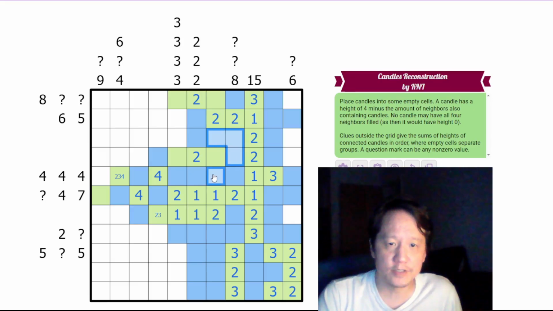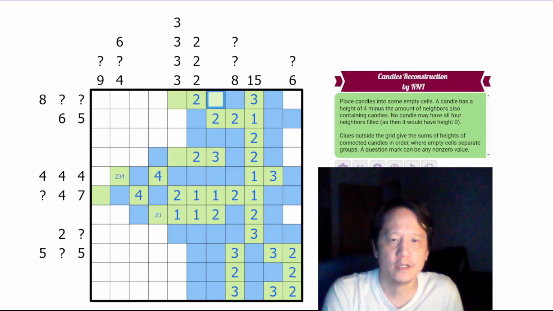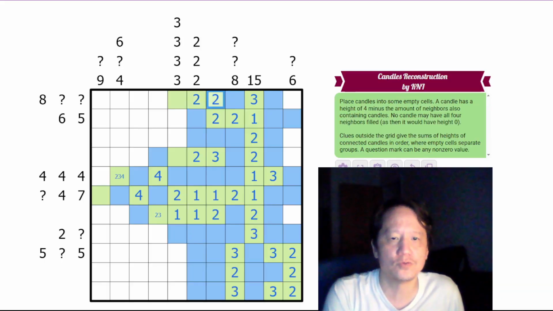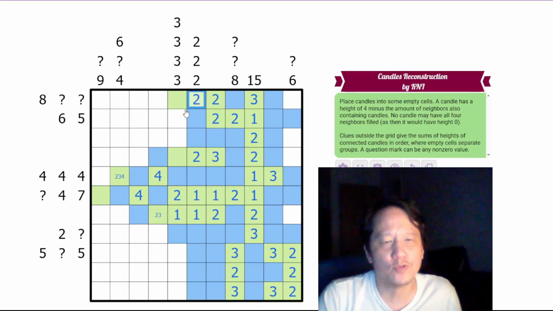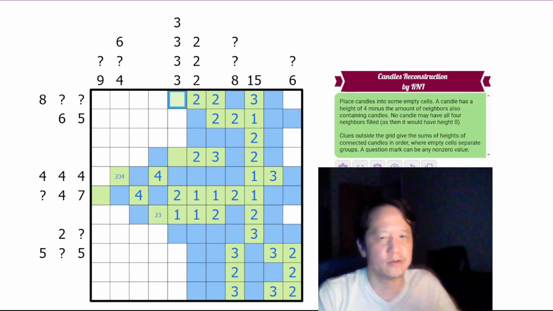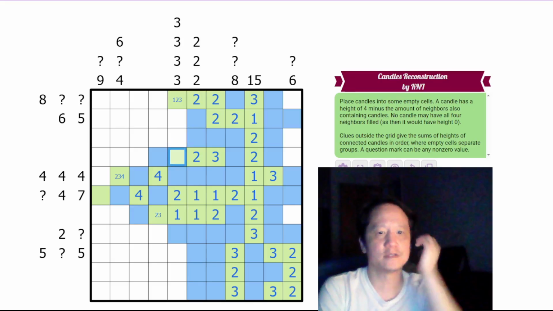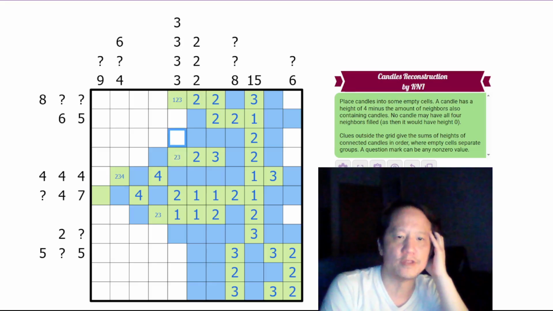This now has 1 neighbor with candles, so this is 3. This has 2 neighbors with candles, so that's 2. This has 1 neighbor with candle at least, and it's going to be 1, 2, or 3 here. This has to be at least 2, so this is 2 or 3 there.